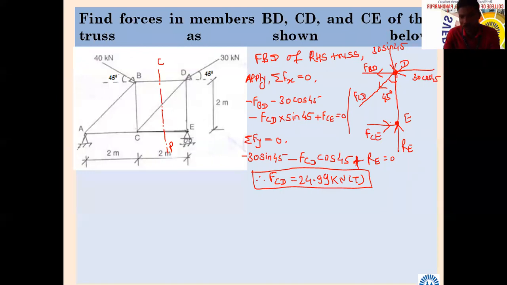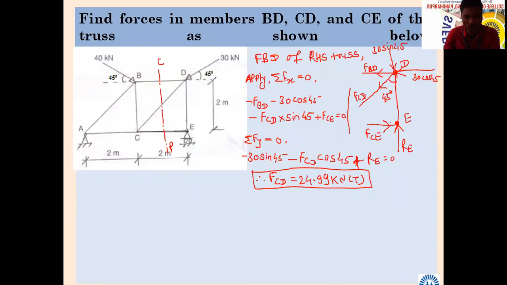Second equation we applied. What to do next? Third condition apply. Third condition apply करायची.